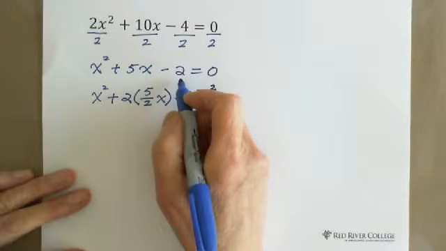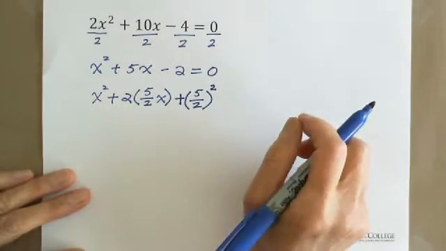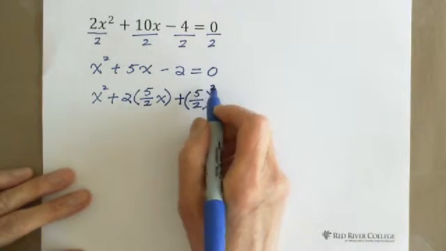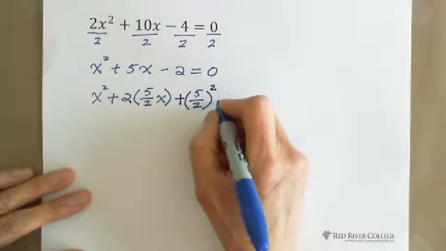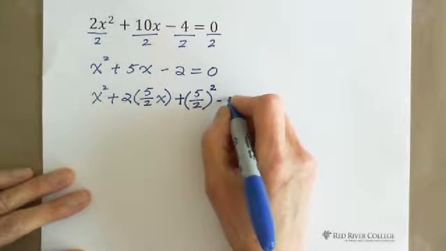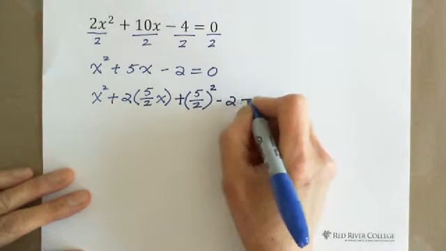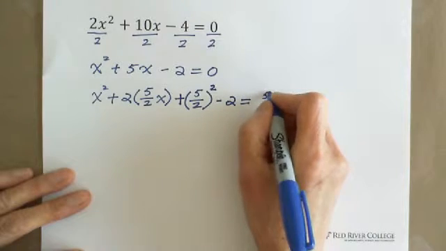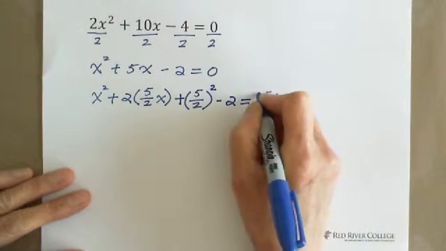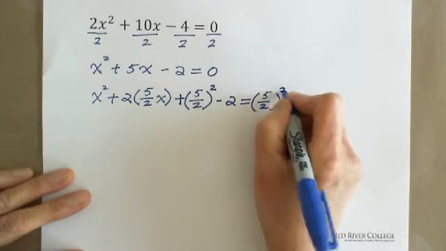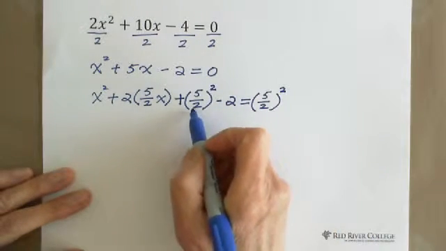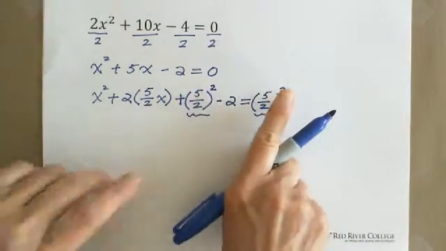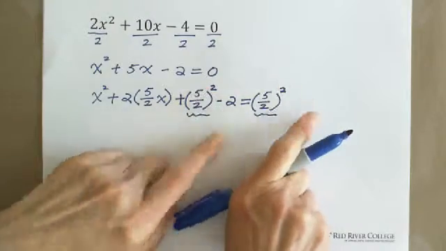The constant is a fraction, so we can do it this way: we add (5/2)² and still keep negative 2 here, and on the other side we add (5/2)² too. Because we add it to both sides, it doesn't change the original equation.